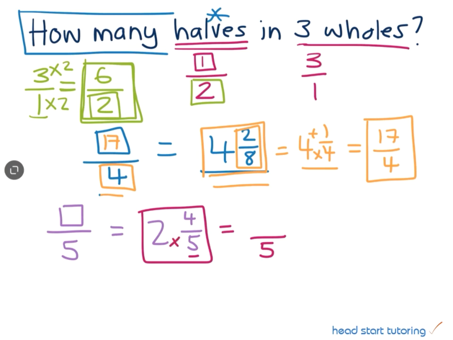We multiply our 2 and our 5 and we get 10. 10 plus 4 is 14. So we end up with 14 over 5. So our answer will be 14, because 2 and 4 over 5 is equal to 14 fifths.